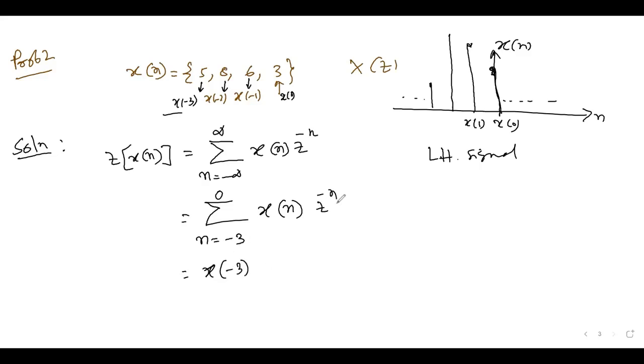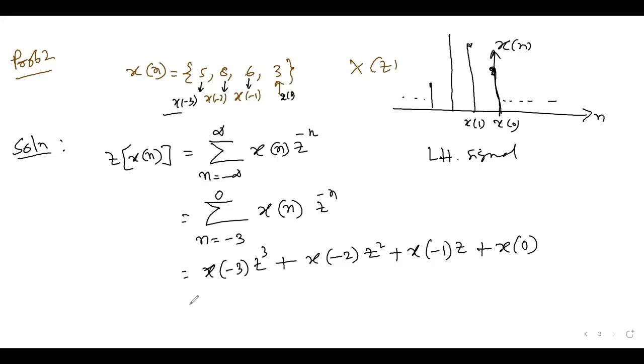Now putting n equal to minus 3 here, x of minus 3 z cubed plus x of minus 2 z square plus x of minus 1 z, because n equal to minus 3, so minus of minus 3 is plus 3, minus of minus 2 is plus 2, minus of minus 1 will be plus 1. Then x0 and z to the power 0 is 1.